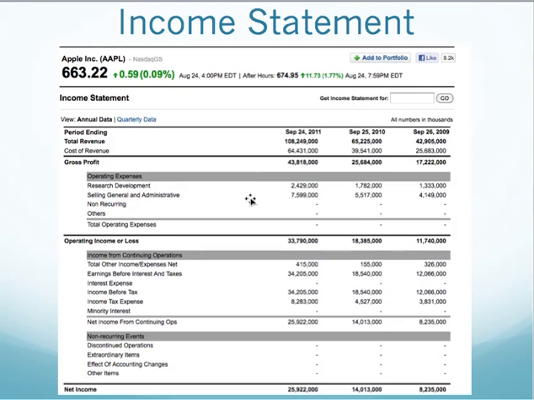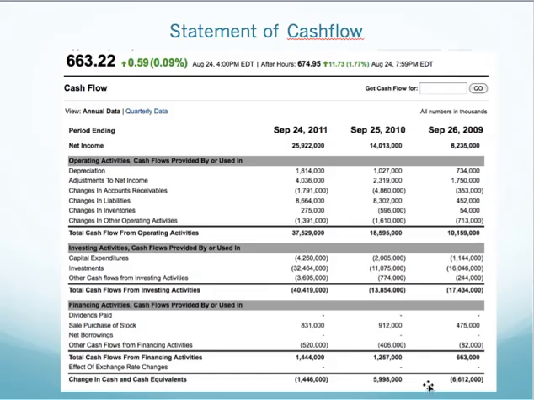Now, for this year, you can see that Apple computers had net income, or earned, $25.9 billion. Now, you can also see that they put a lot into research and development. And you can also see how the revenue has grown and its profit has grown over time.